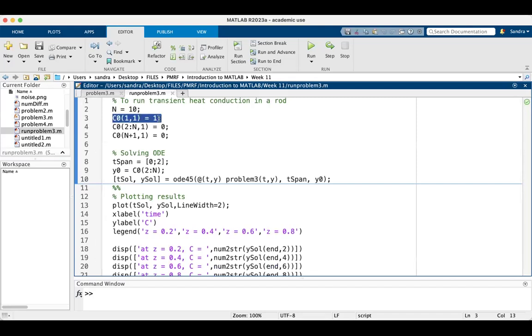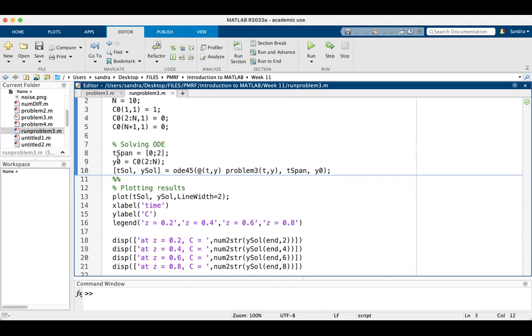This is my initial condition that is given. So I'm just creating my first vector of C0. And the t-span, as I said, the question has asked me to find at t equal to 2, so the t-span I'm just keeping 0 to 2. And y0, I'm only solving for 2 to n, because the first one I know, and n plus 1 I also know, because boundary conditions are given.